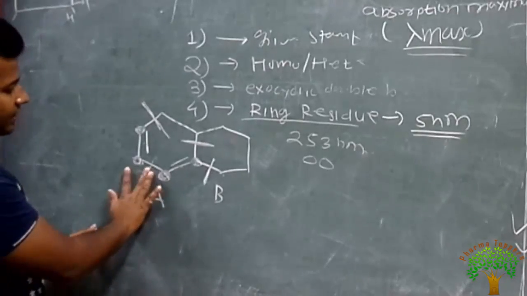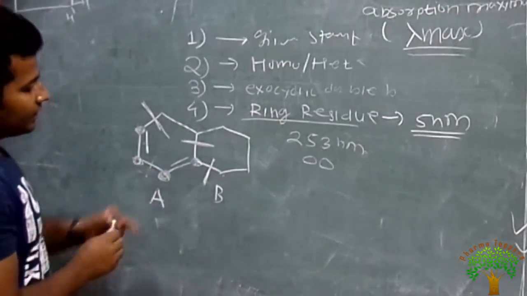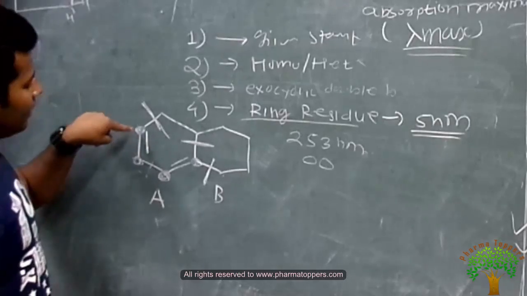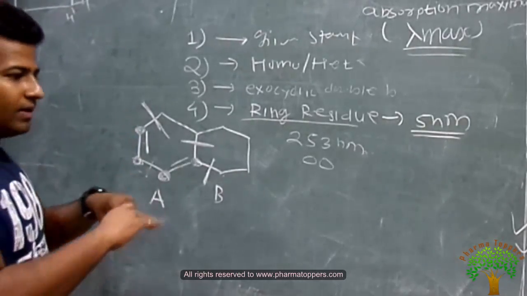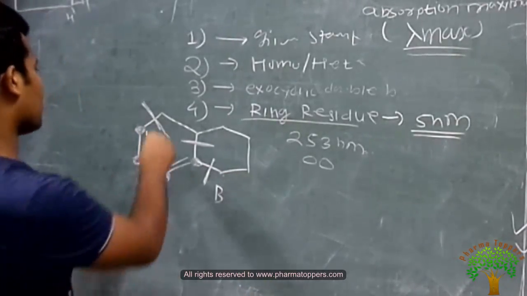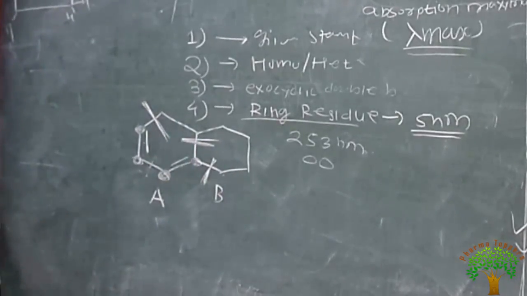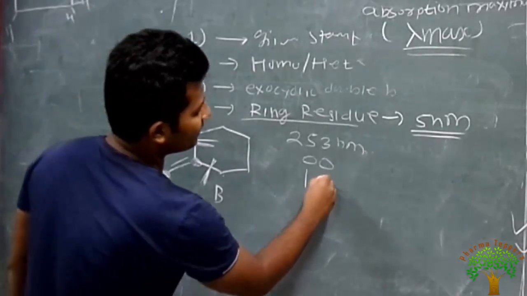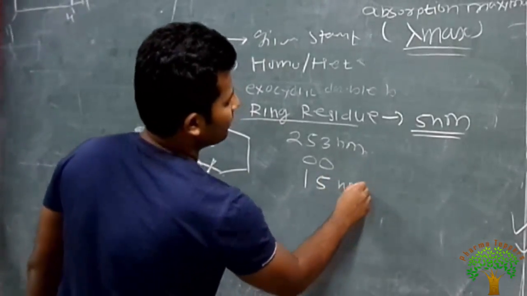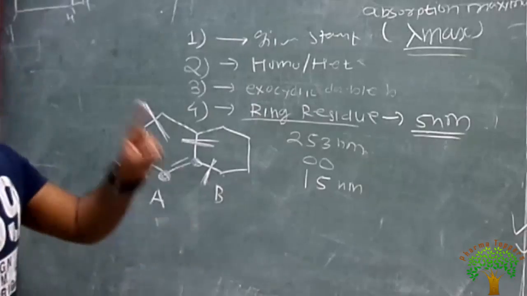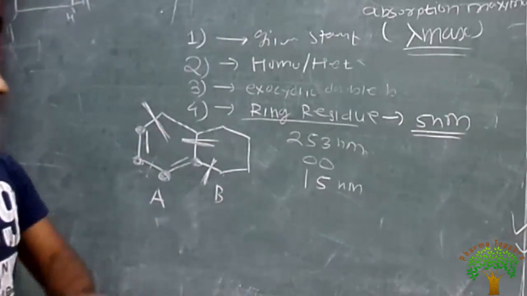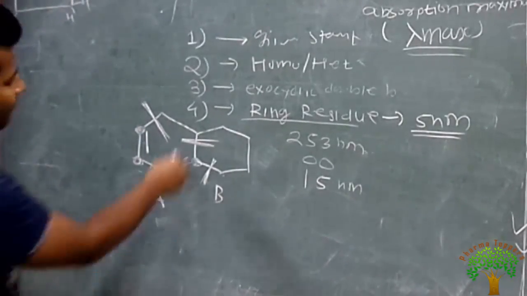Hence, there is no ring residue between conjugated carbons. There is always a ring residue on the conjugated carbon in front of the carbon which is non-conjugated. There are 3 ring residues, so the increment is 15 nanometer, because one ring residue is 5 nanometer and 3 ring residues are 15 nanometer. Then next, the 5th rule.